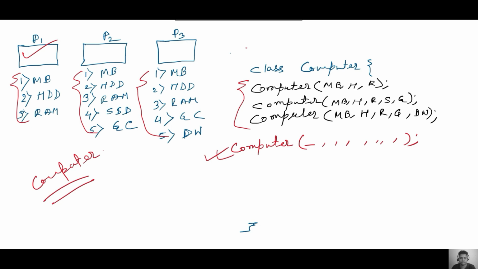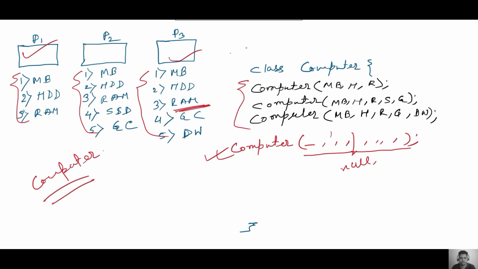In that case, if you create a single constructor, then you need to remember the sequence of the parameters. Suppose for person 3, this person is not using SSD, it's not required. So in that case for SSD we need to pass a null value.